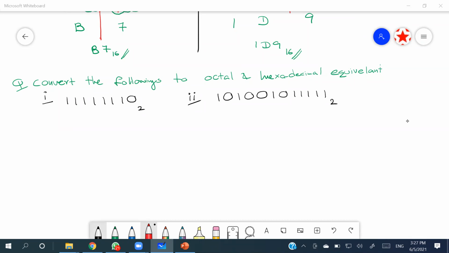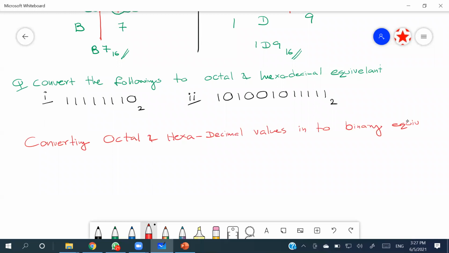So here I'm writing the heading. Converting octal and hexadecimal values into binary equivalent.